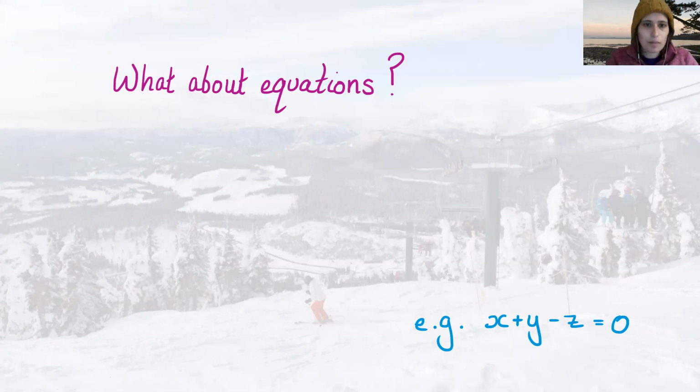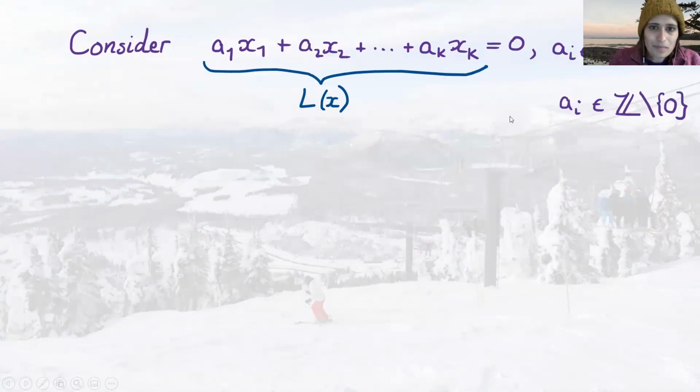So we're going to be thinking about equations that look a bit like this. What's the rough setup? To start with, just imagine a single equation. We've got k variables, x1 up to xk, and we can just call this L of x, this form here.